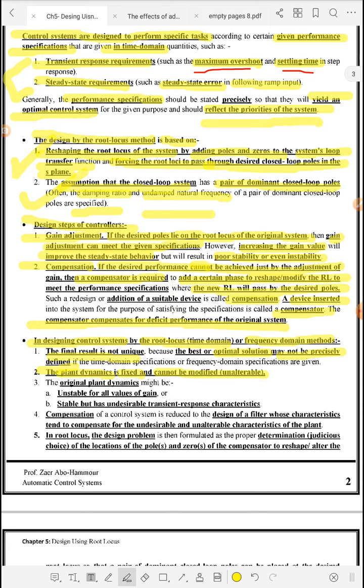This means that if the desired specifications are not met and the gain adjustment does not solve the problem, then we should add a controller, and we should not change any of the dynamics of the original plant.